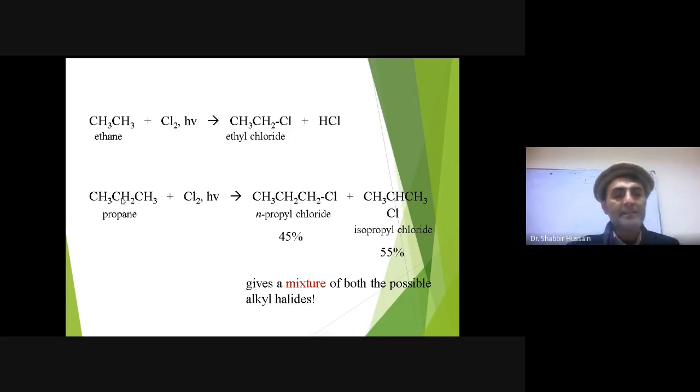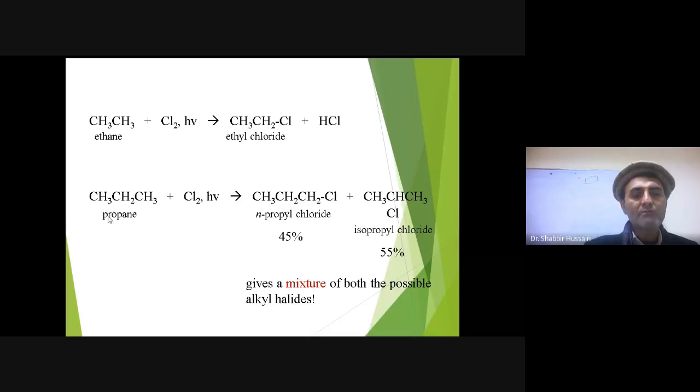It means that there are two types of hydrogen in propane. One is primary hydrogen and another is secondary hydrogen. The hydrogen attached with primary carbon is called primary hydrogen, and the hydrogen attached with secondary carbon is called secondary hydrogen.